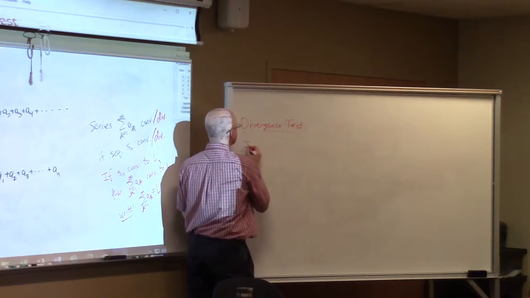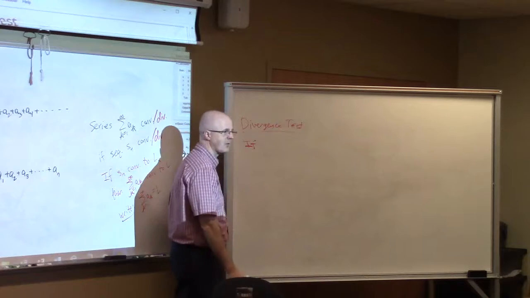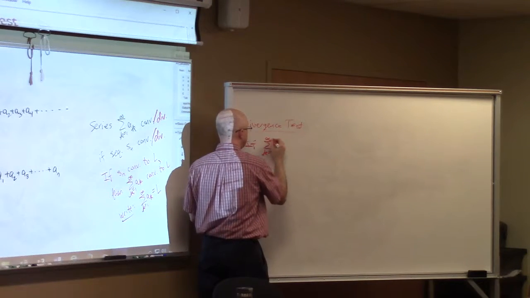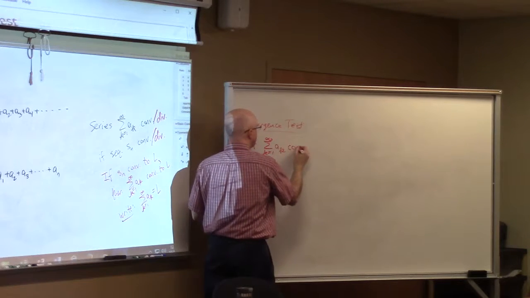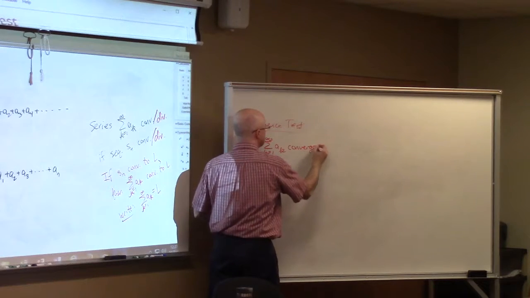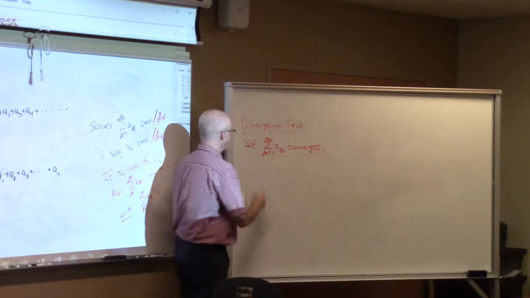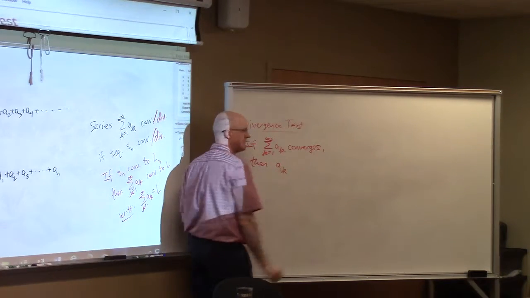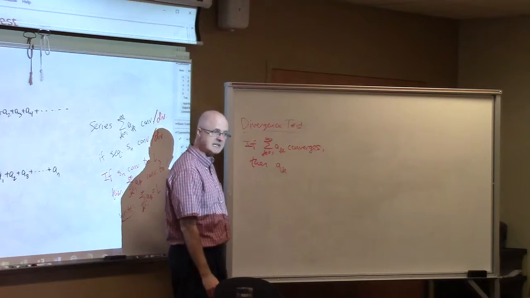You can state the divergence test in two ways. One way to say it is if your series converges, then the sequence of terms, the AKs, must converge to 0.